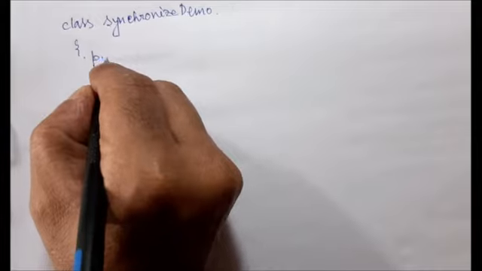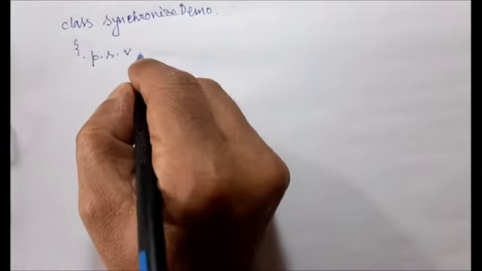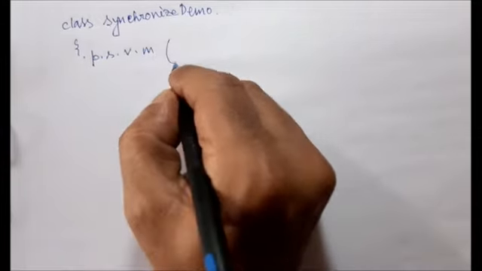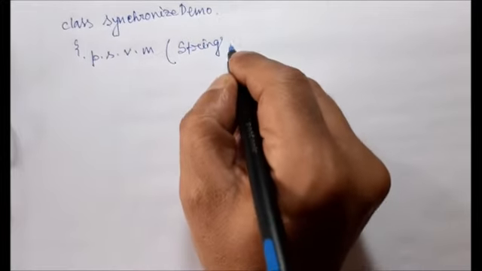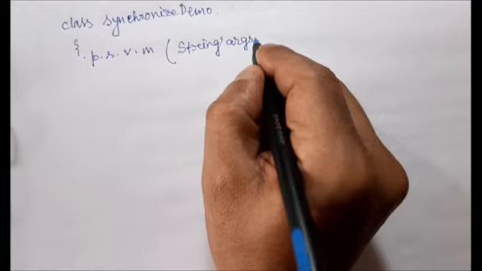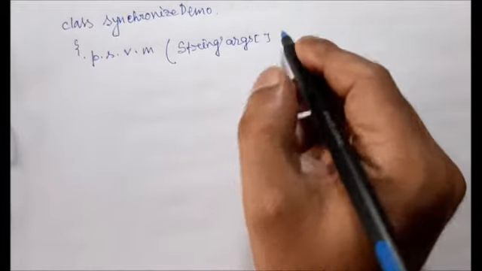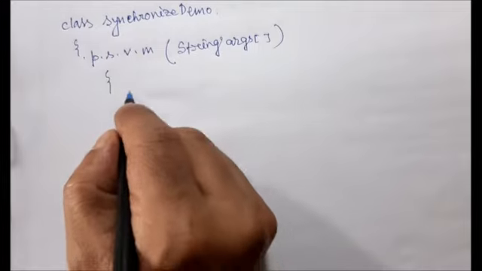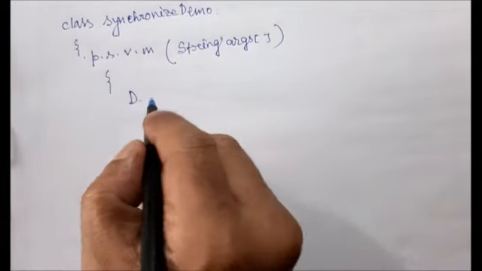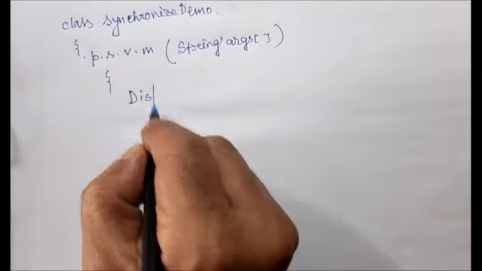Then public static void main(String[] args). Within this static method, I have to create two objects of the Display class.